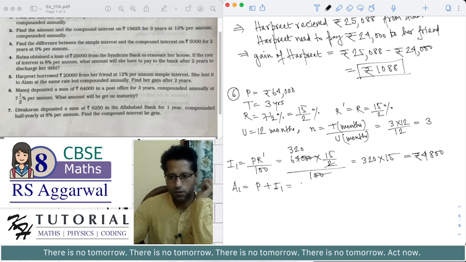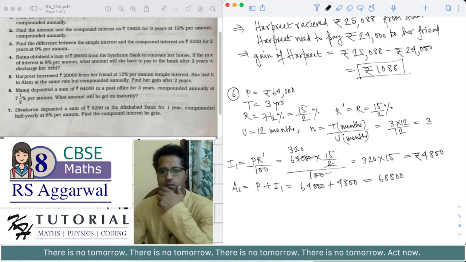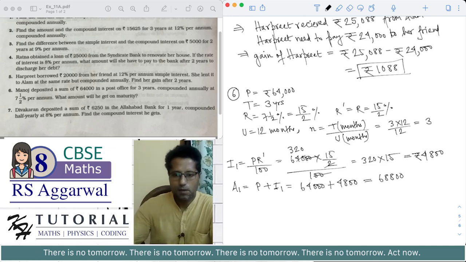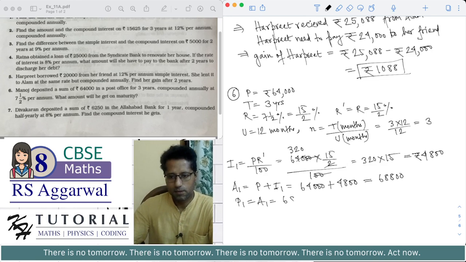This is equal to 64,000 plus 4,800, which is 68800. Okay, and the next principal P1 is equal to A1, which is 68800.